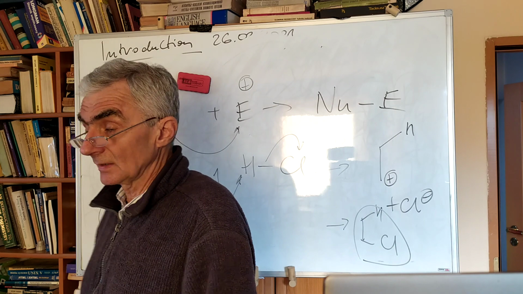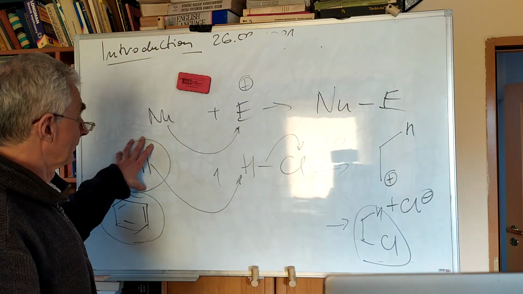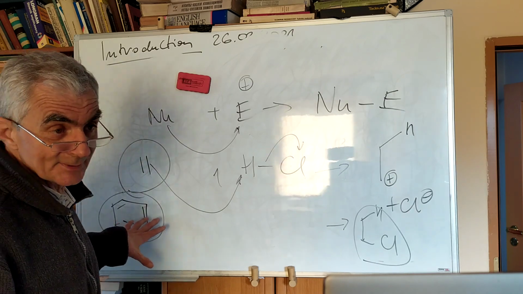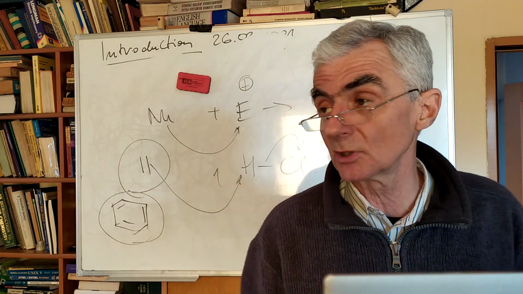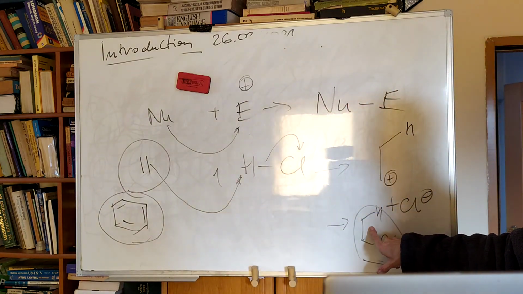What is the name of that addition? It's electrophilic addition to the double bond. And here we'll have the substitution. Why substitution for the aromatic structure? Because aromatic structure wouldn't like to be replaced by a single bond.